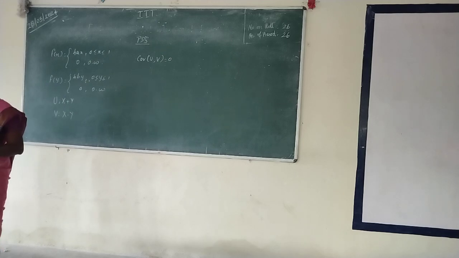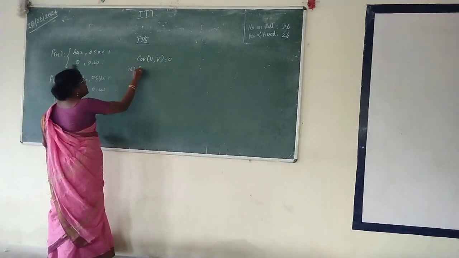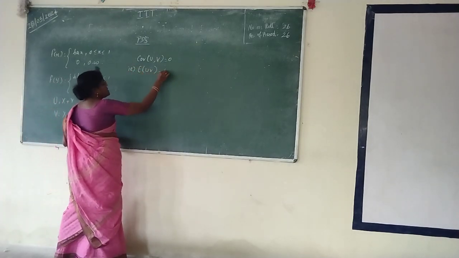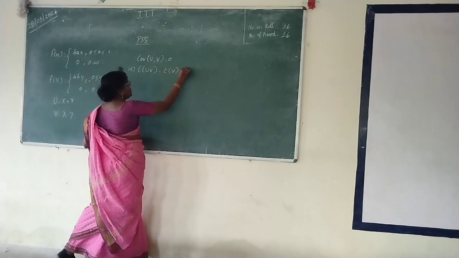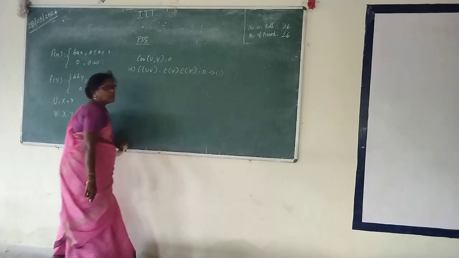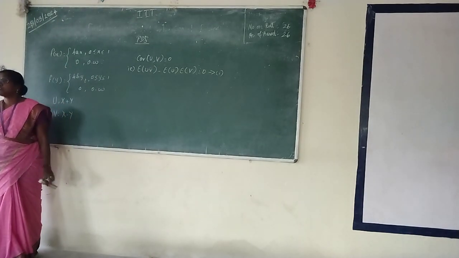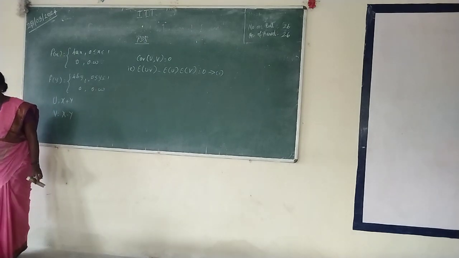E of xy minus E of x E of y. Here having uv, so what is the formula? E of uv minus E of u into E of v should be equal to 0. Take it as 1. This is our objective. You have to find this thing and you have to show that this is going to become 0.